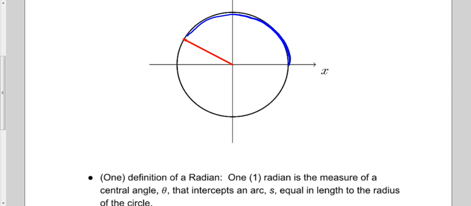I basically take the same definition and reword it a little bit. So I don't like that one either.